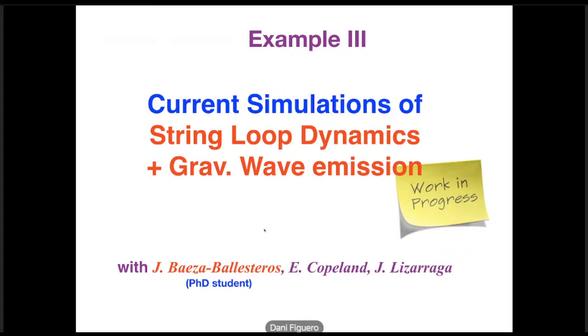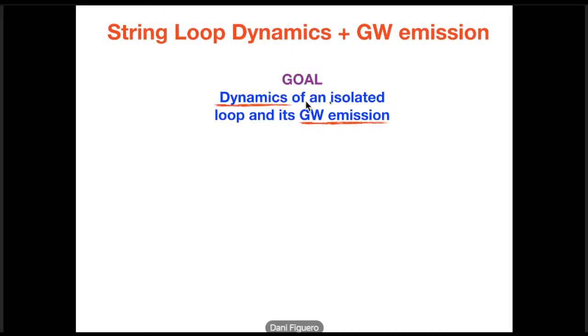We are gonna study the dynamics of a single loop and its gravitational wave emission. So the goal is this: dynamics of an isolated loop from a network and the real gravitational wave emission of a loop. And take into account that this is the first time that anybody is really computing in full general relativity at perturbative level what is really the emission of gravitational waves of a loop.